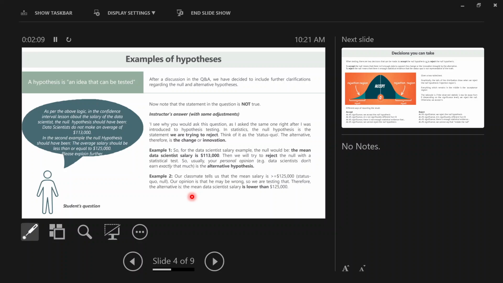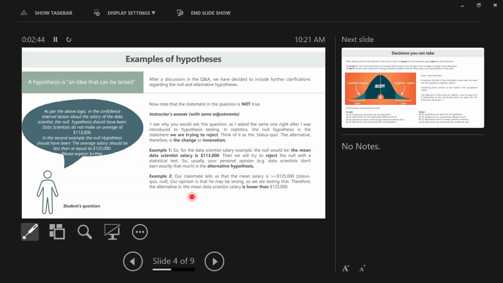Because greater than or equal to means it is 125 and above. So if you are trying to reject, it is the lower value. But in the first one, we are saying that the average salary of a data scientist is 113 US dollars, but you are saying that data scientists do not earn exactly that much.